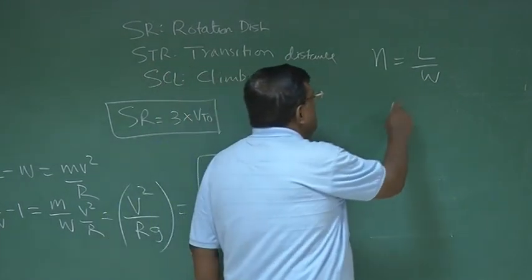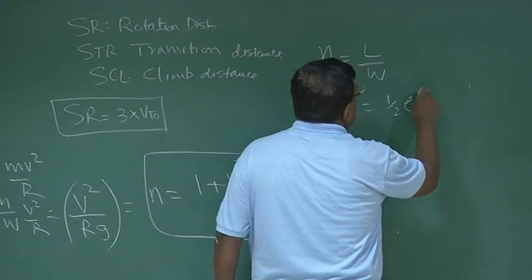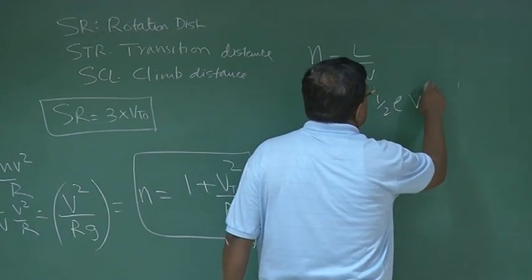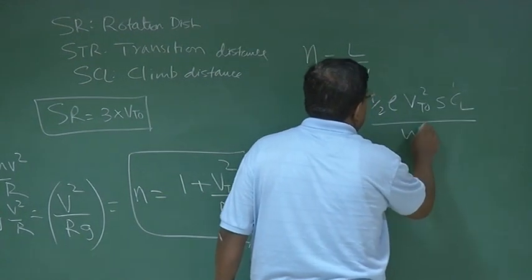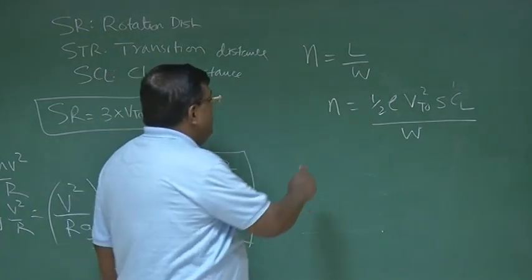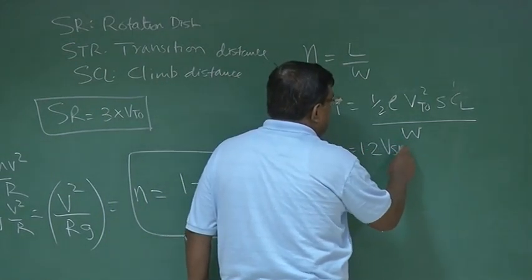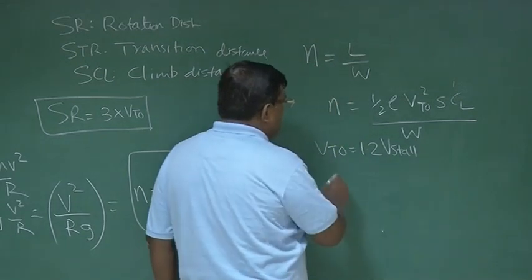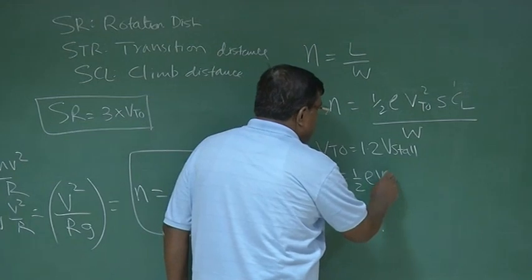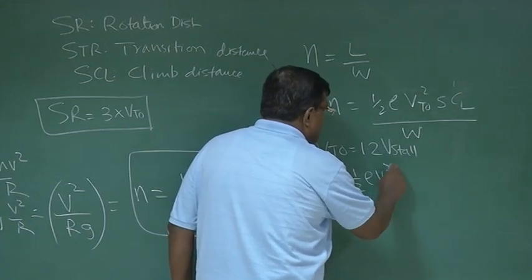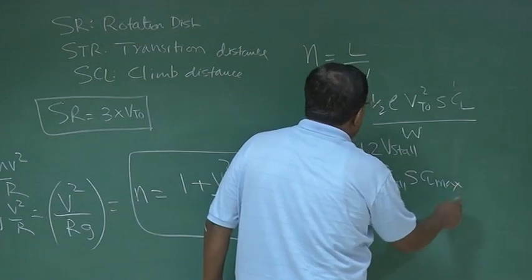What do we know? Lift is half rho V takeoff square S CL, and W I write here. What is V takeoff? V takeoff is 1.2 times V stall. And what is W? W I can write as half rho V stall square S into CL max.